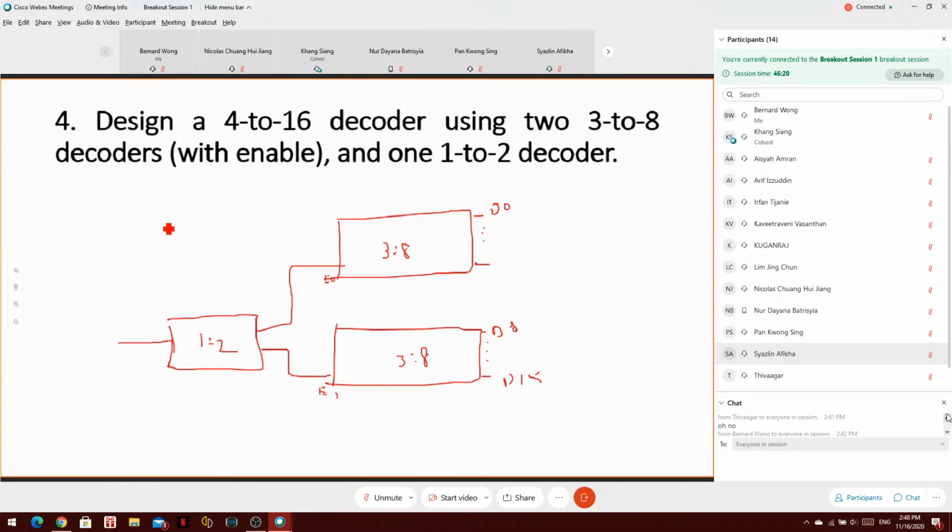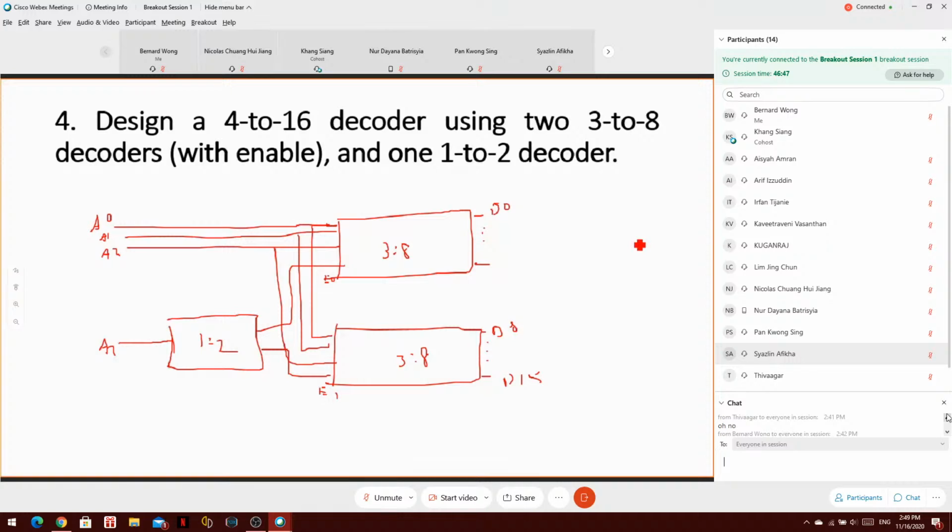In this case, you have 1, 2, 3. So this is A0, A1, A2, and then this is A3. The same thing here is going here also, going down here. Remember the enable line is not one of the outputs.